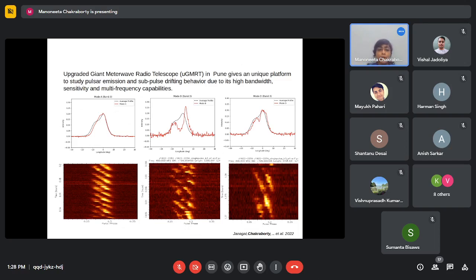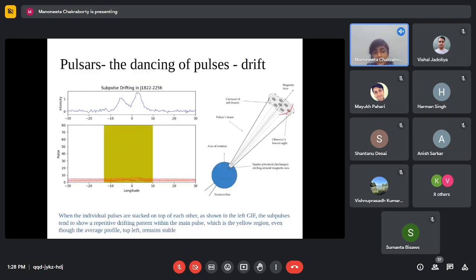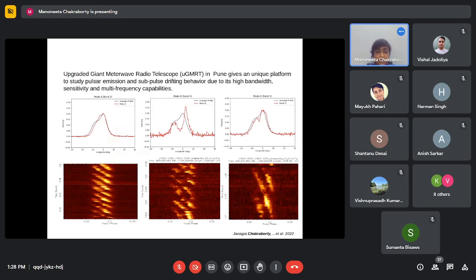And we saw that for various interesting pulsars, this pattern that is traced is also not a steady pattern, and it changes. So with our own GMRT, we were looking at some pulsars, and what we saw is that the same pulsar showed this kind of pattern for a certain period of time.